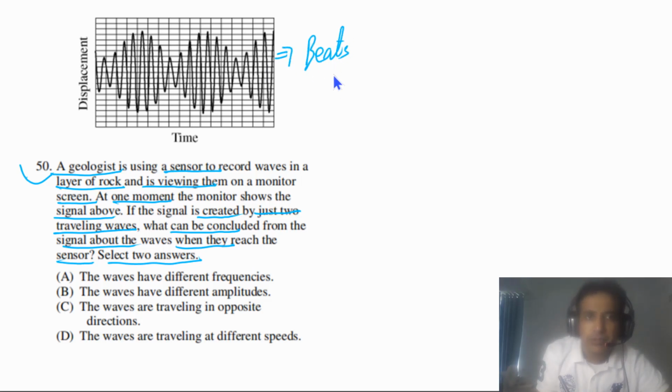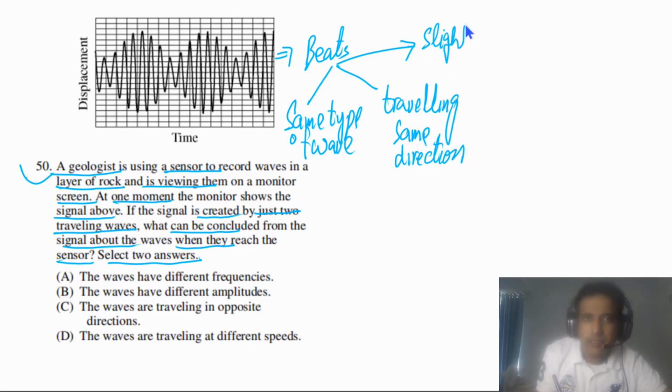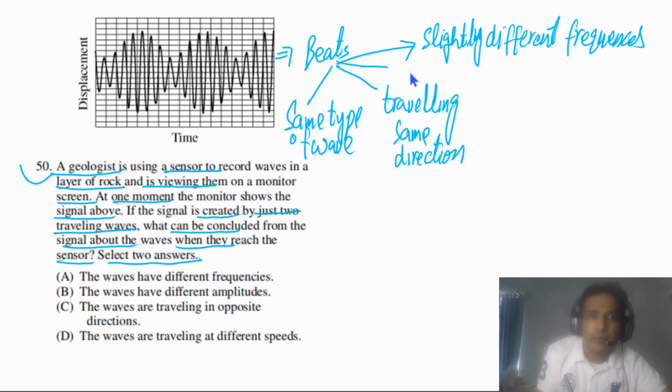These are beats, and for beats we need to understand they are produced when the same type of waves travel in the same direction, with slightly different frequencies and different amplitudes.